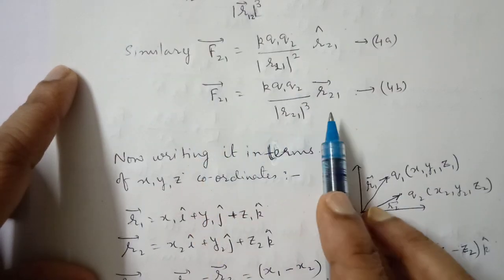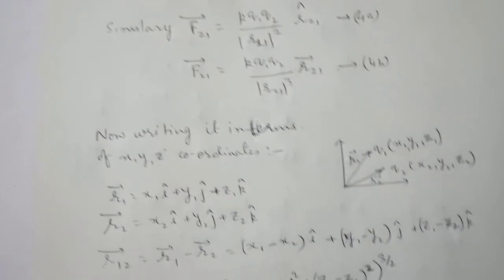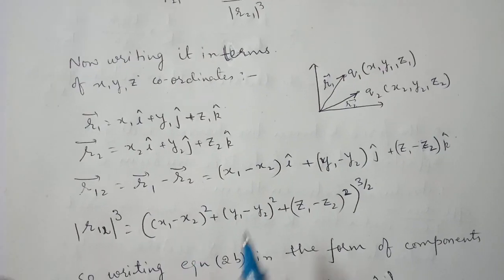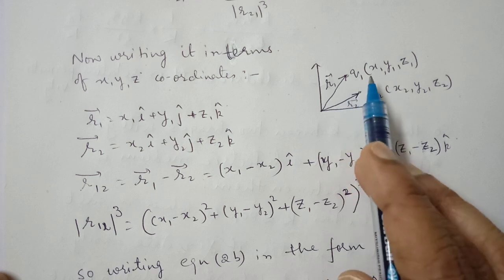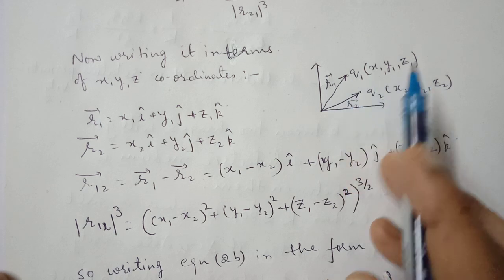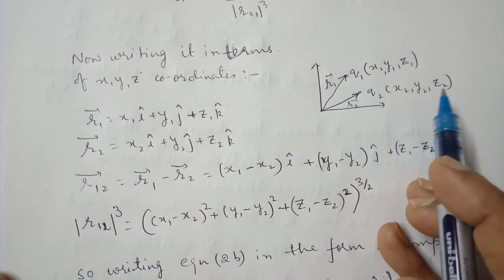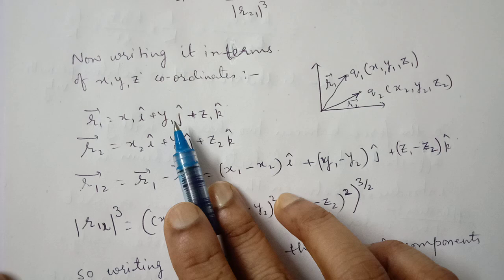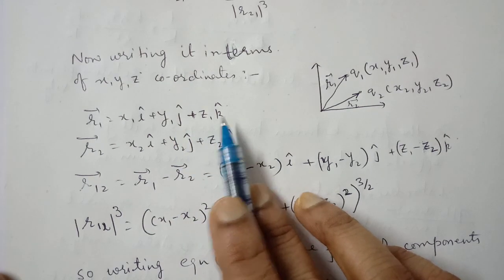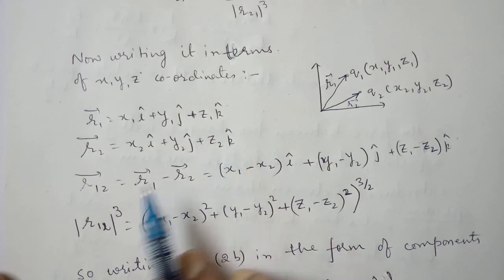Now writing this expression in terms of x, y, z coordinates. Let's consider Q1 has the coordinates x1, y1, z1, and Q2 is placed on the coordinates x2, y2 and z2. Then R1 is x1 i cap, y1 j cap, z1 k cap, R2 is x2 i cap, y2 j cap, z2 k cap.